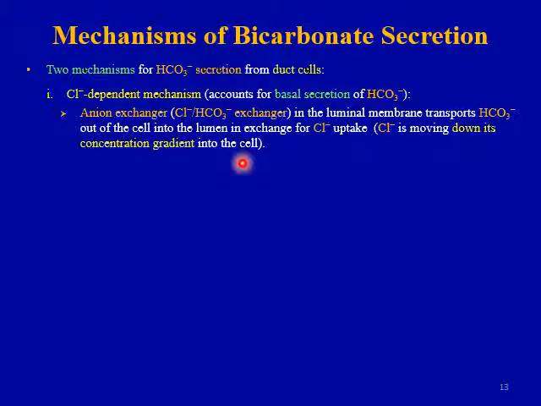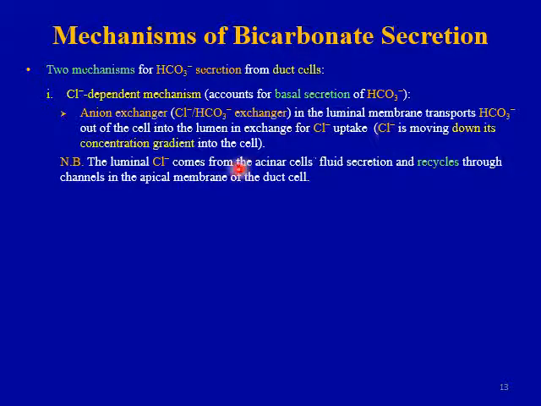So the driving force for this secondary transport system is the chloride gradient. This chloride, as I said, is coming from the acinar cells that lie just proximal to the duct cells. The luminal chloride comes from the acinar cell fluid secretion and recycles through the channels in the apical membrane of the duct cell, as I explained.